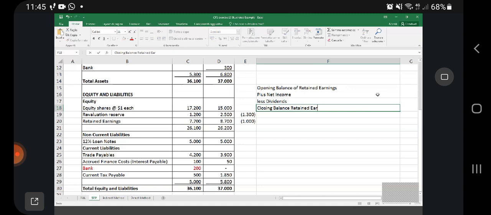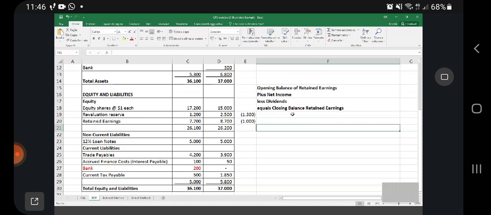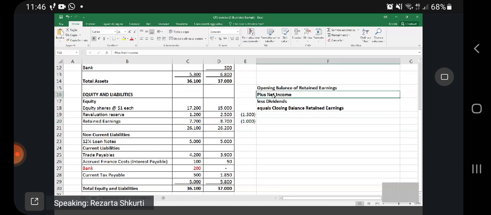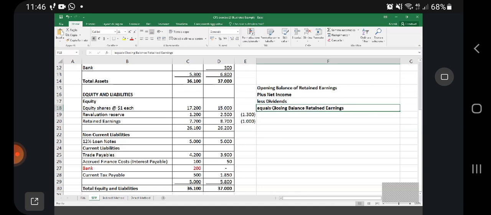Now, I think this is a very simple equation, but it helps us to understand what's going on here. That means that usually what I find in the beginning, or the opening balance of retained earnings, I should add net income, then I should subtract the dividends, and then I'm left with the closing balance of the retained earnings.